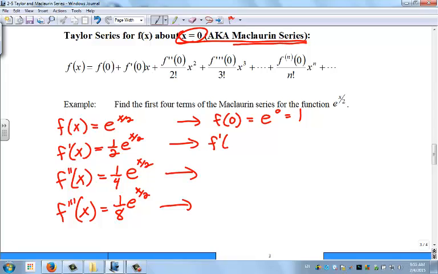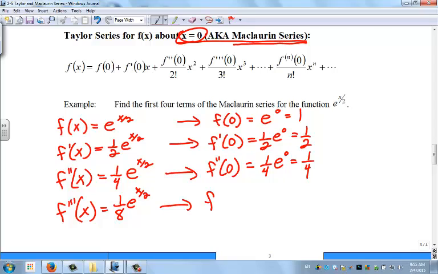F prime of 0 equals 1/2 times e to the 0, which equals 1/2. F double prime of 0 equals 1/4 times e to the 0, which is equal to 1/4. And f triple prime of 0 is equal to 1/8 times e to the 0, which is of course equal to 1/8.